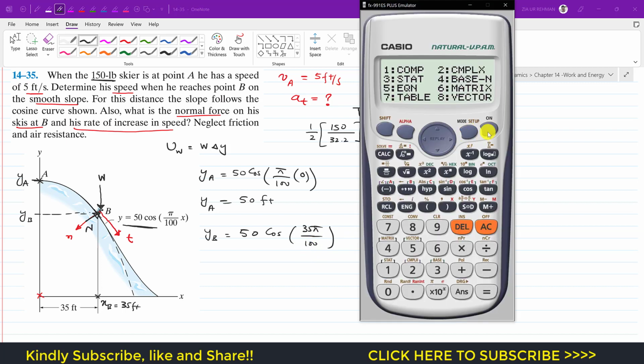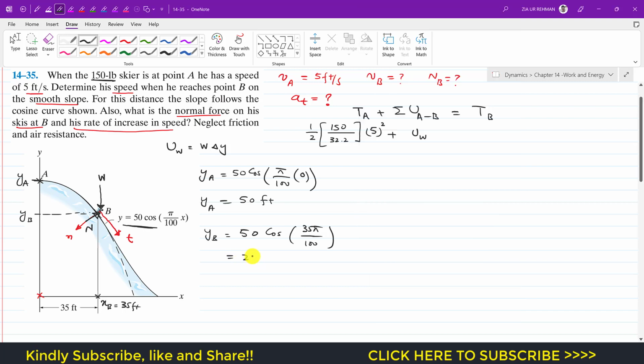So I will convert the calculator into radians, and then that is 50 cos of 35 pi divided by 100. So this gives us 22.70. Let me write that this is 22.699 feet.